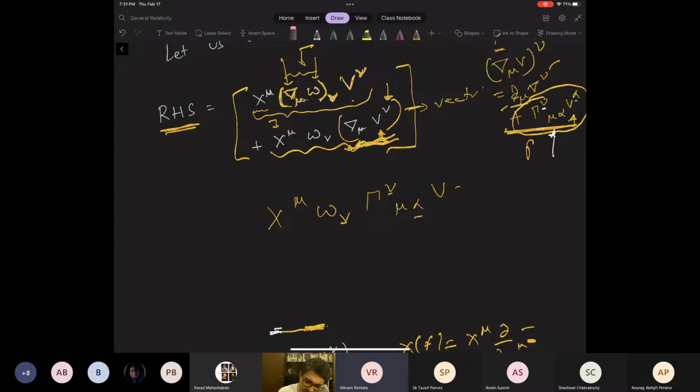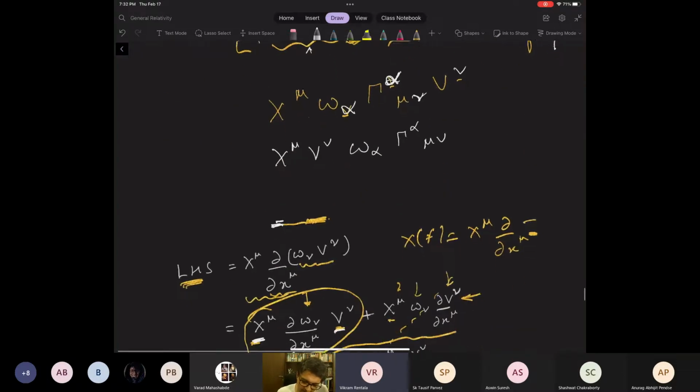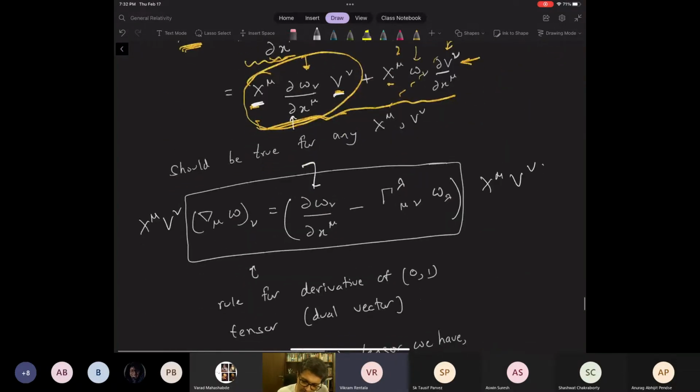So I'll just replace this α by ν, because it's just a dummy index, and I'll have to change this ν to α. So this is a term like x^μ v^ν times ω_α Γ^α_{μν}. Now I take this over to the LHS, and so I'm going to get a minus sign times this Γ^λ_{μν}, or I can write it as α, it doesn't really matter.